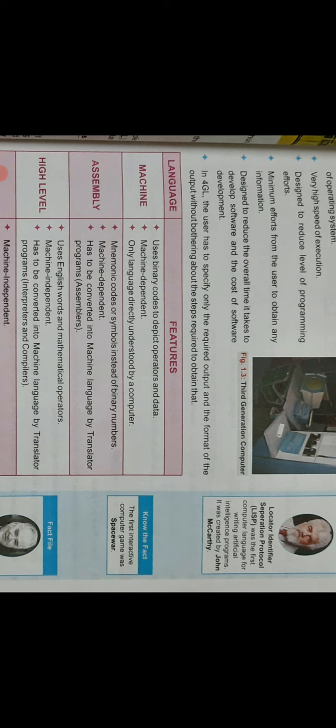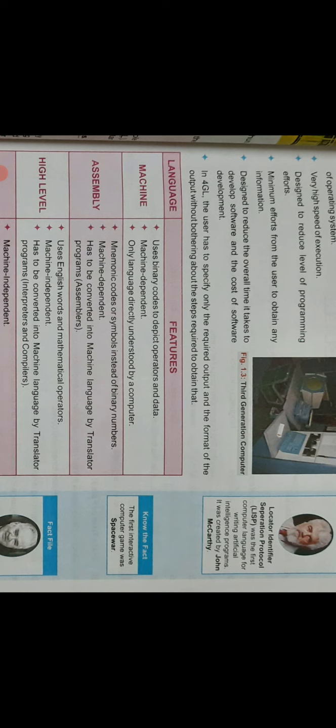Number 2. An dash converts a high level language program into machine language line by line. What are the options? Option A assembler, option B compiler, option C interpreter. Line by line means interpreter.